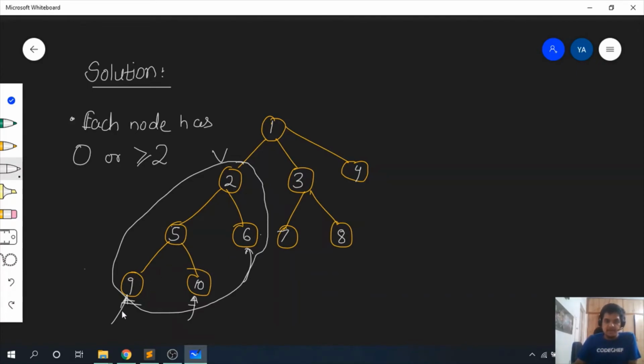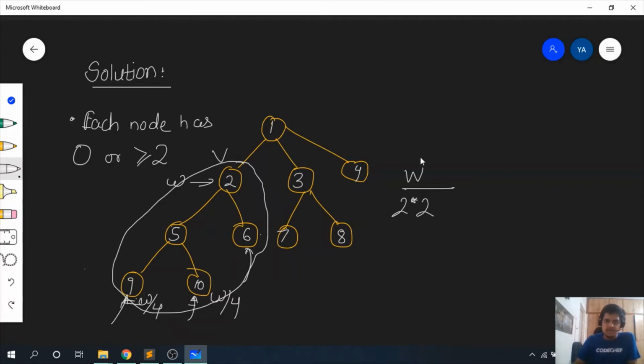So the leaf nodes will get W upon the total product of the nodes till then, so upon 2 into 2. So this node will get W by 4 tasks if node 2 gets W tasks, right?